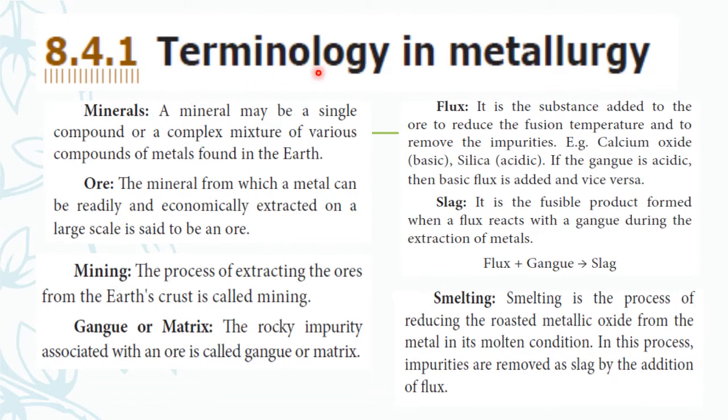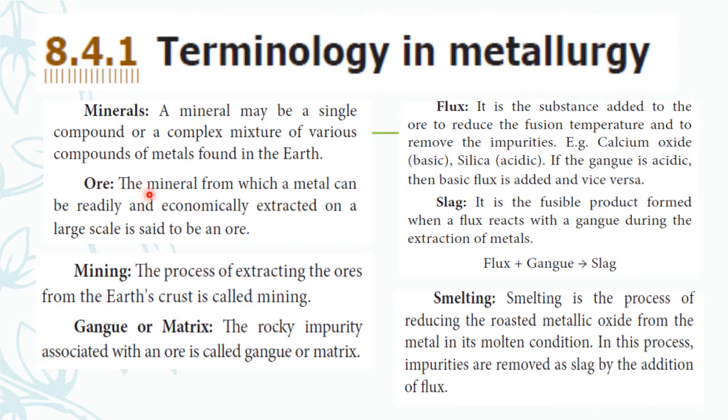Next, terminology in metallurgy. First one, minerals. A mineral may be a single compound or a complex mixture of various compounds of metals found in the earth.